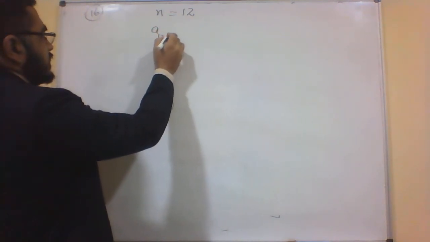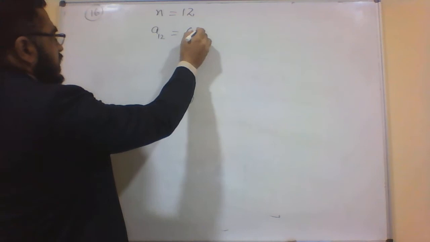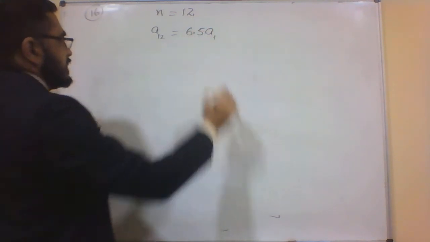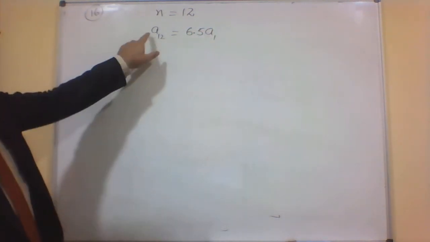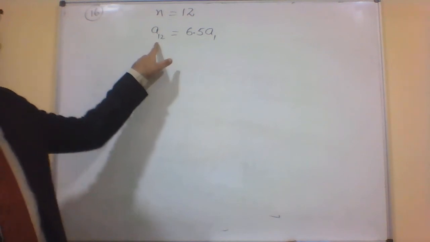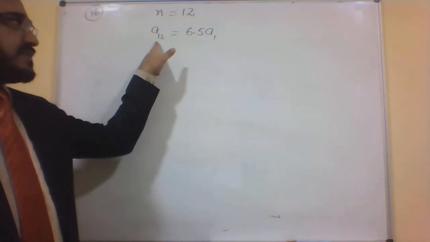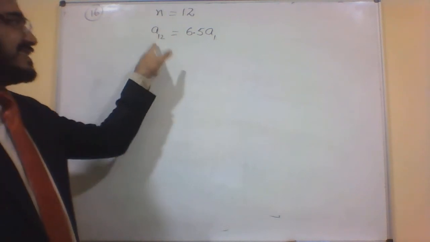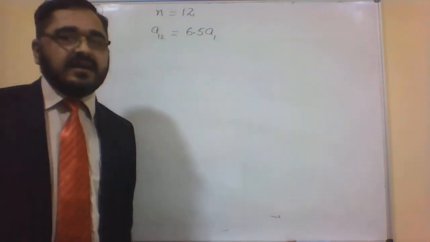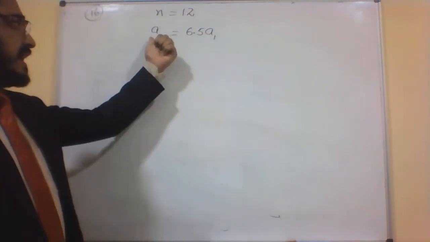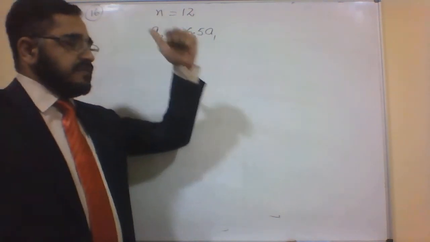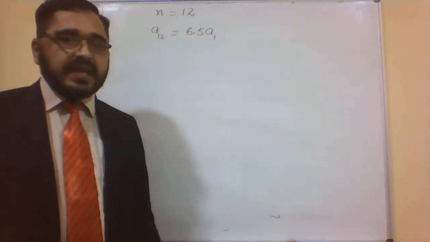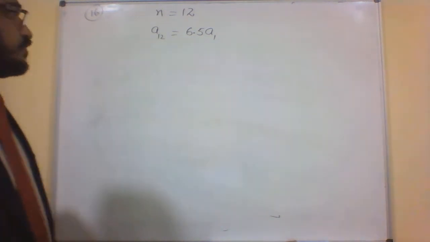The 12th sector is 6.5 times the first sector. The 12th sector is A12, meaning the 12th term in the sequence, and the first sector is the first term in the sequence. Then A12 will be equal to 6.5 into A1.